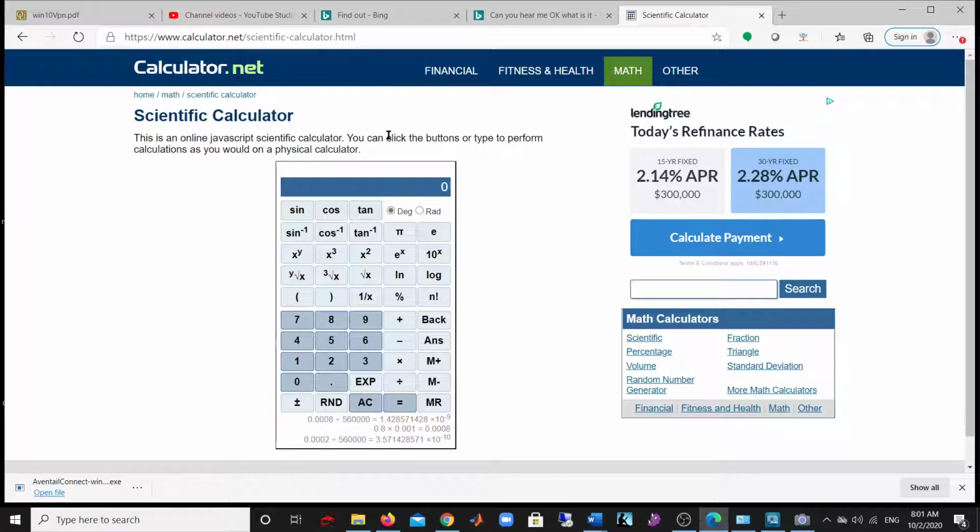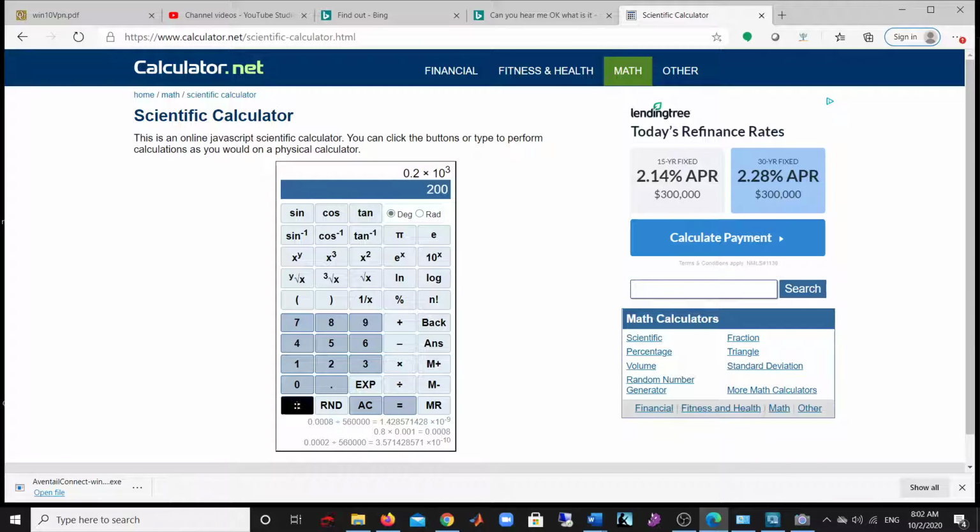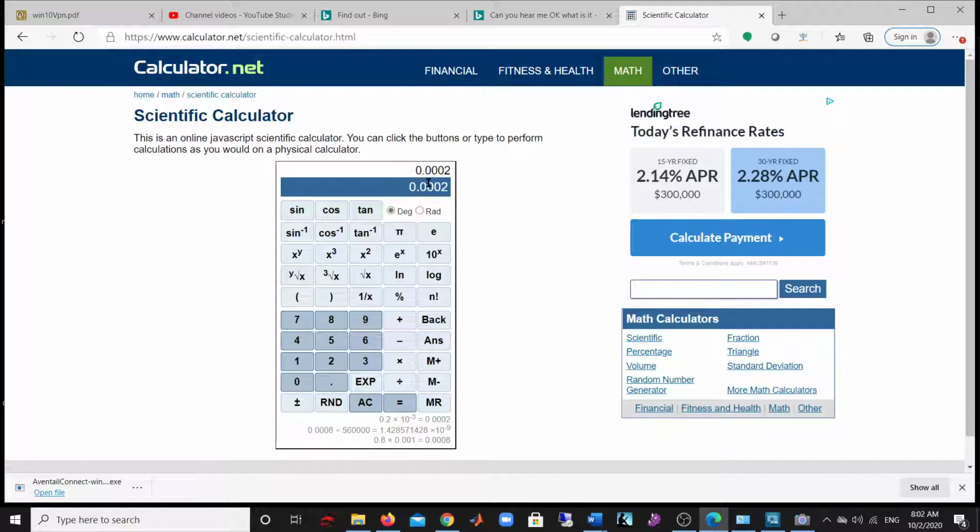Okay, so let me check this. I have 0.2 millivolt, right? It's a millivolt, you've got to be careful. So I have that much voltage across the resistor.